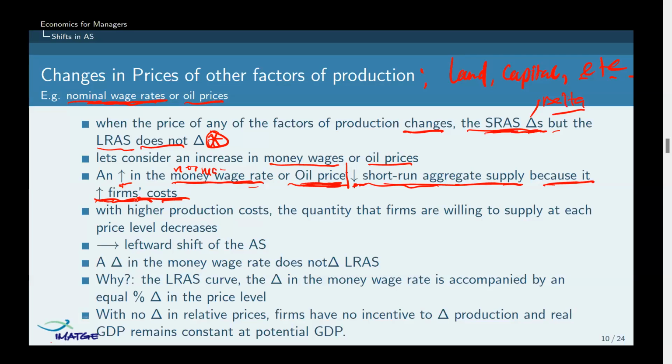Here it's not just one firm, right? It's firms' cost, which means aggregate level. All companies are affected following an increase in nominal wage rates. So when there is an increase in nominal wage rate, does the short-run aggregate supply curve shift to the left or to the right?